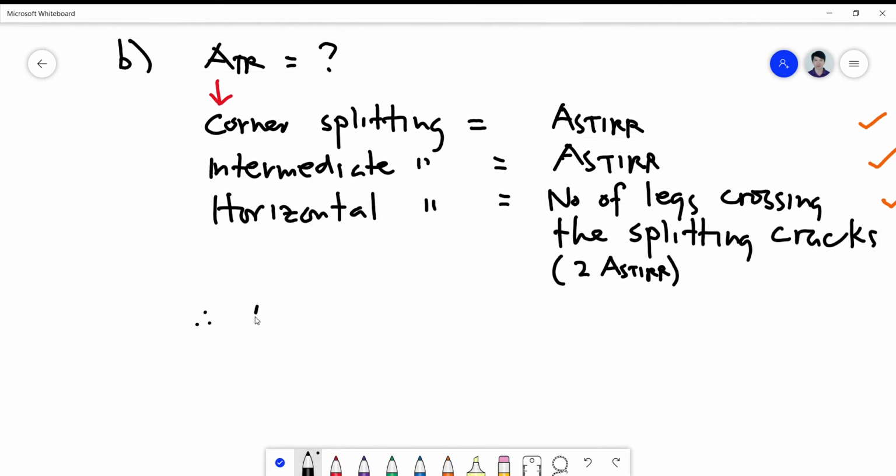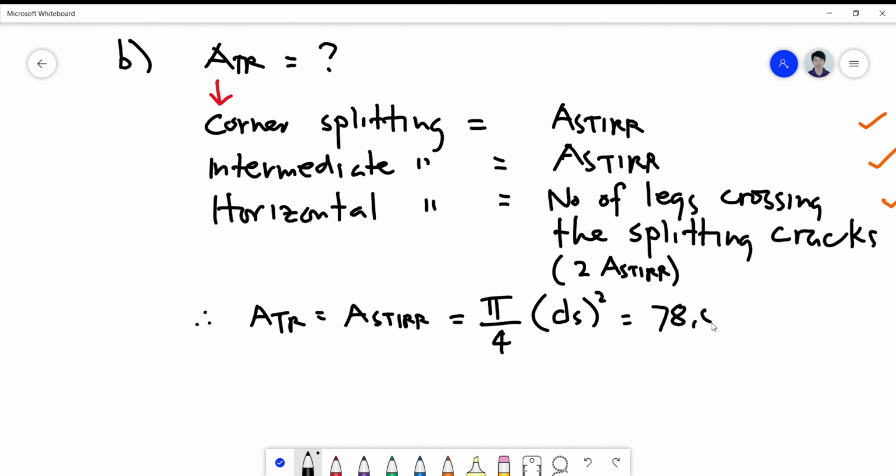Okay, so therefore, the area of transverse reinforcement is simply the area of the stirrup, which is pi over 4 times ds squared. Okay, so if I substitute 10 here, I think my area will be 78.5 millimeters square.